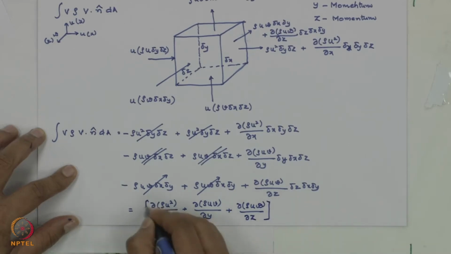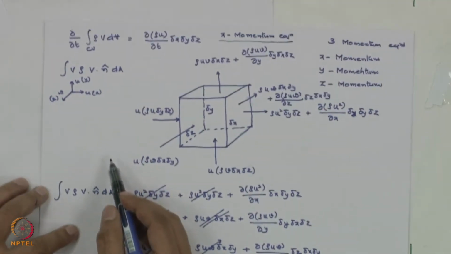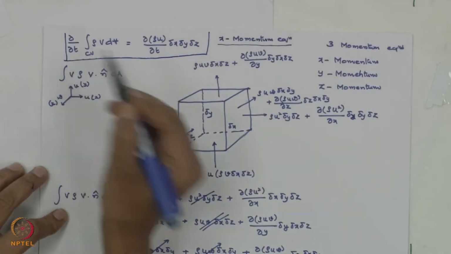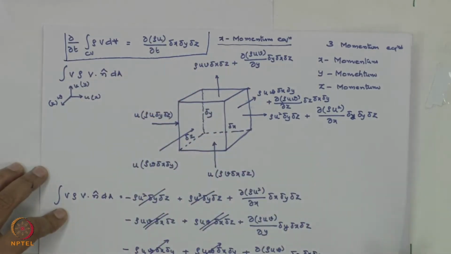Whole of this into delta x, delta y, delta z. You see, I have here one term, the first term of my equation, that is del of rho u by del t into delta x delta z.